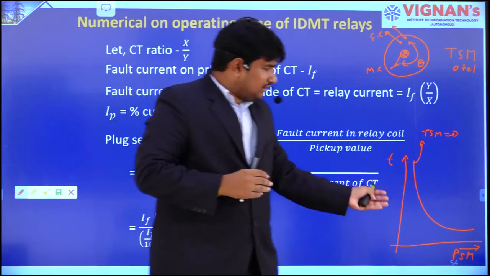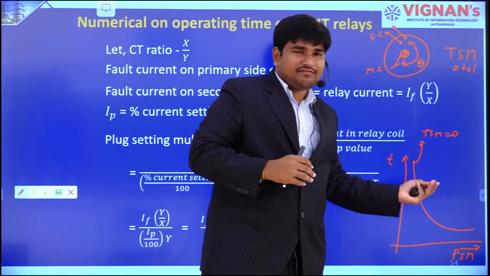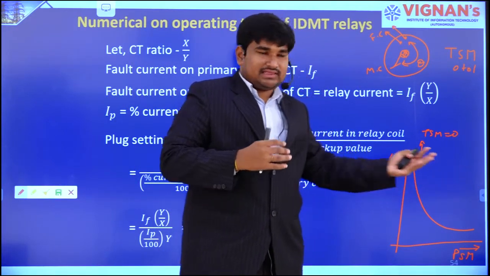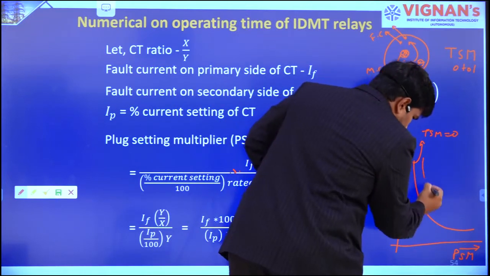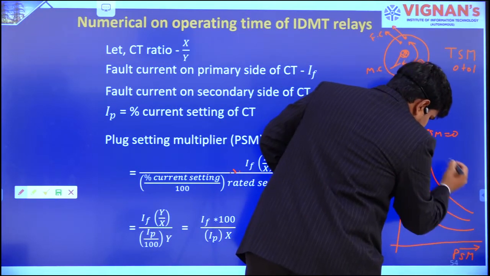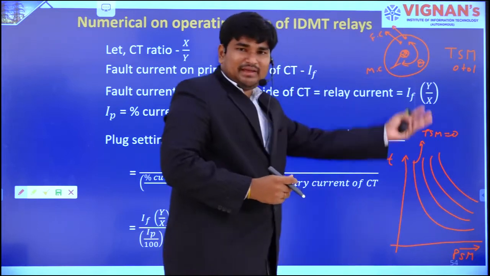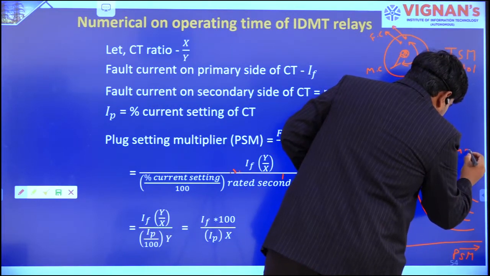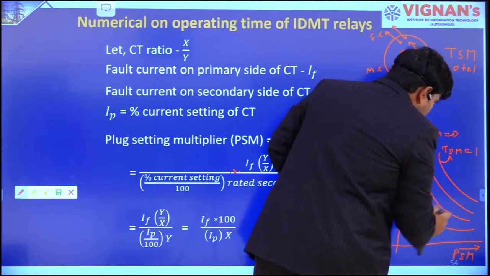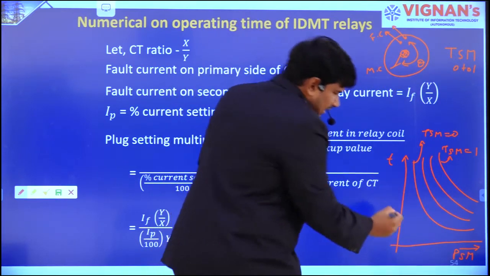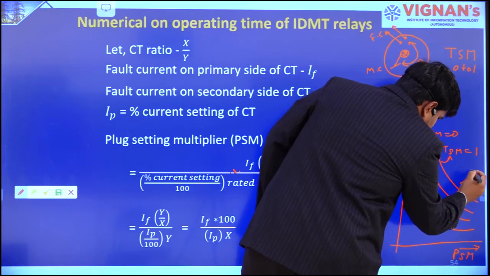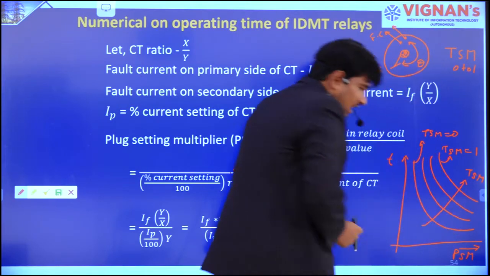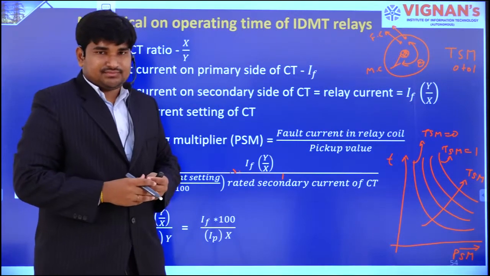Now if I increase the TSM, the curve will be shifted up like this. Let it be the curve for TSM equal to 1. So according to TSM, the curve is shifting upwards, right?